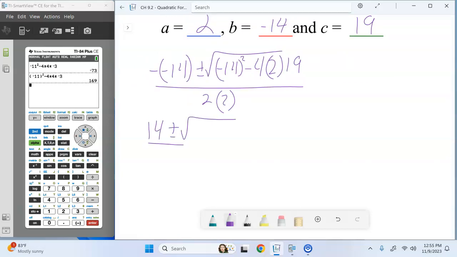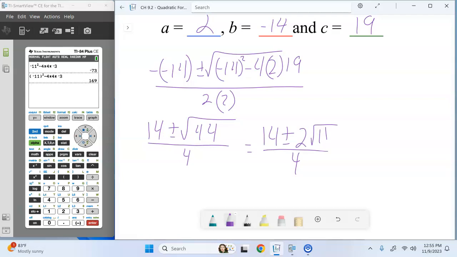What do we get inside the radical? 44. Okay. Can I square root 44? Can I simplify it? What does it simplify to? Yep. 14 plus or minus 2 root 11. So we're not going to have rational solutions. We're going to have irrational ones.